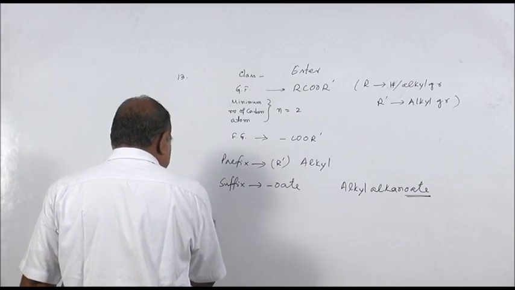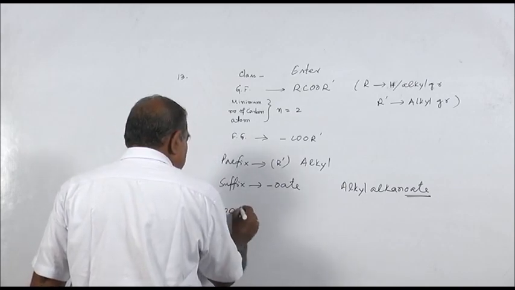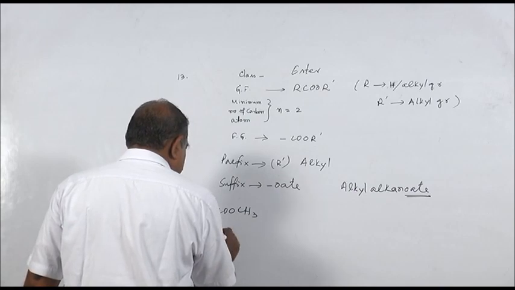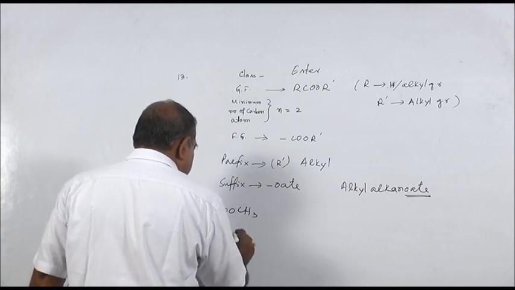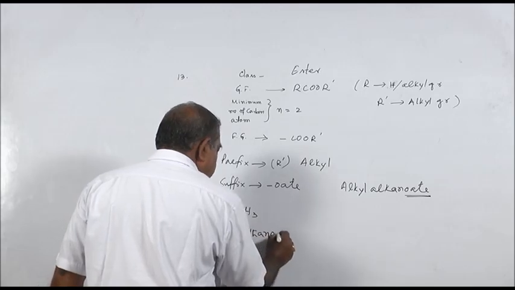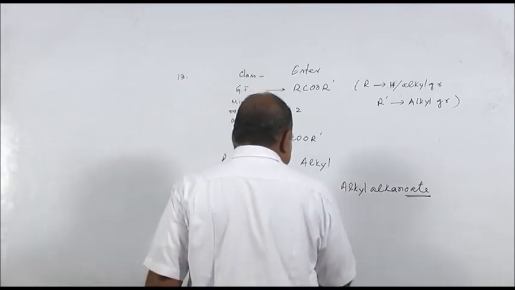Examples, say HCOOCH3. This is methyl, it also contains a 1 carbon atom acid. So methyl methanoate.